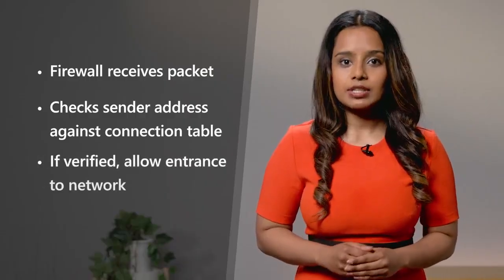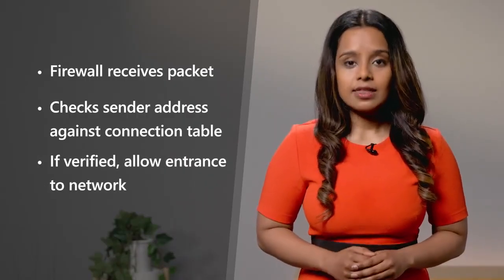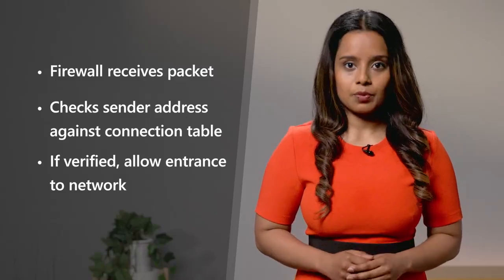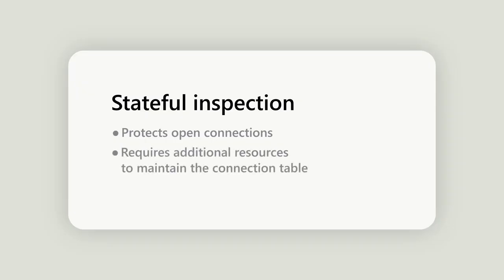If the packet matches an existing connection record and adheres to the expected behavior, the firewall will allow it to enter the network. On the other hand, if the packet is unrelated to any known session or violates expected protocol rules, it's blocked. Stateful inspection protects against attacks that attempt to exploit open connections or misuse protocols. However, stateful inspection requires additional resources to maintain the connection table.